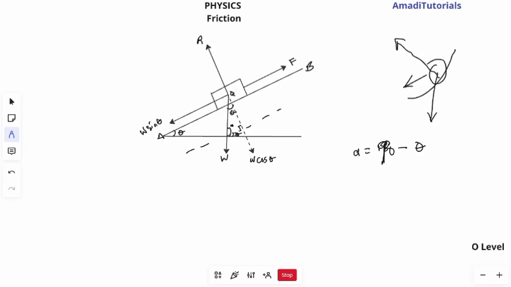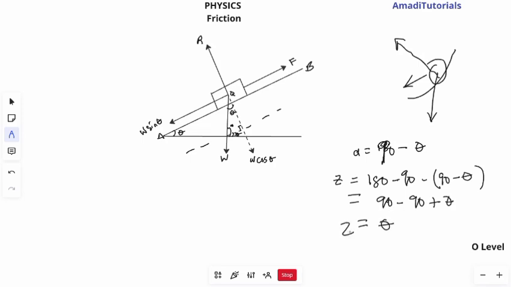So if you want to get this other angle, assuming you call it z, z will be equal to the summation of angles of a triangle, 180, minus this angle here, which is 90, minus this angle A here, which is 90 minus theta. So this will be 90 minus 90 plus theta. So that you have 90 minus 90 is 0, so that z equals theta.